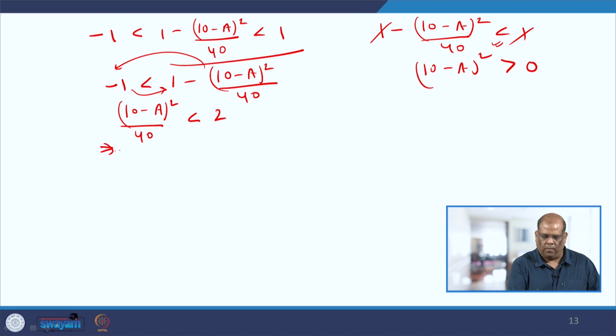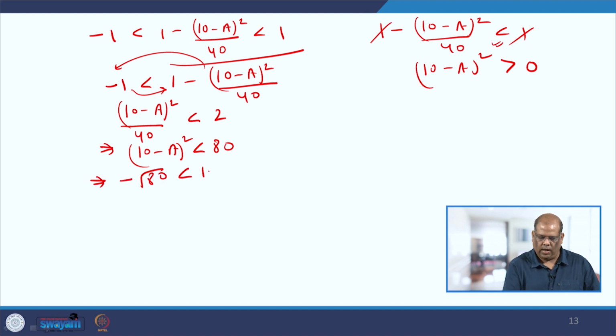So this will imply (10 minus A) whole square is less than 80. Again, this will imply minus root 80 is less than 10 minus A is less than plus root 80, which is, this is 16 into 5, so 4 root 5 less than 10 minus A less than plus 4 root 5.